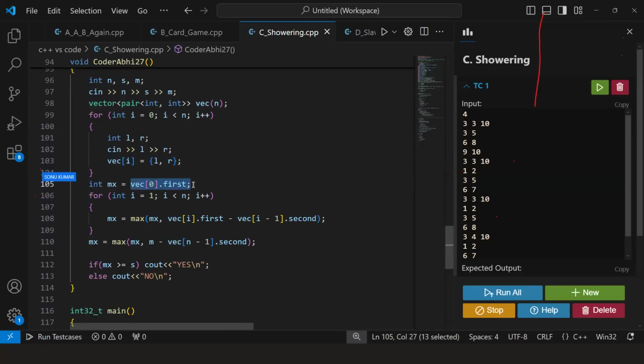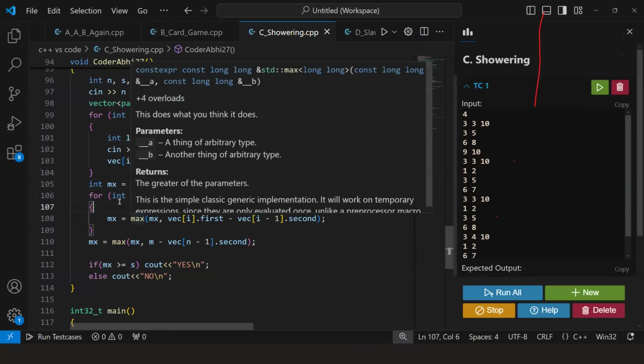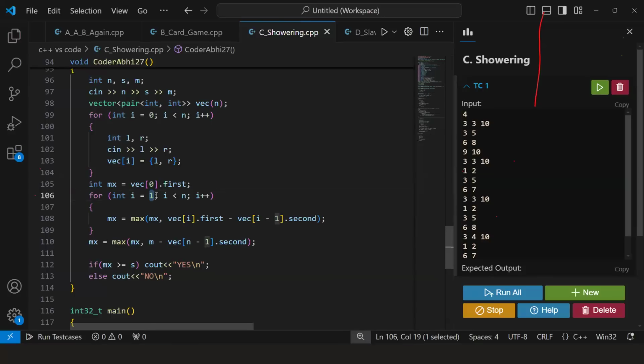The start of the first interval gives us the first gap, vec[0].first. We initialize our max with that, and then we maximize over all the intervals. We start from the second interval, i equal to 1 for zero-based indexing: the start of the second interval minus the end of the interval before that.